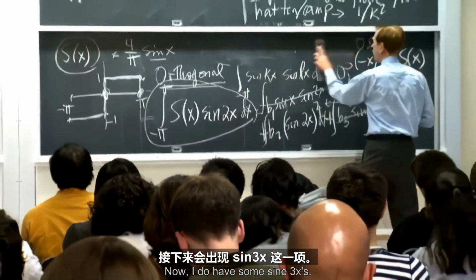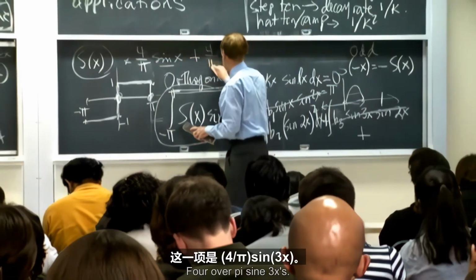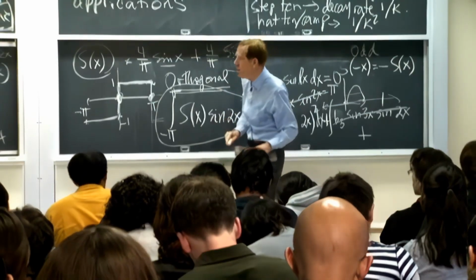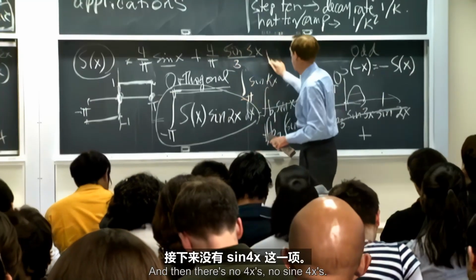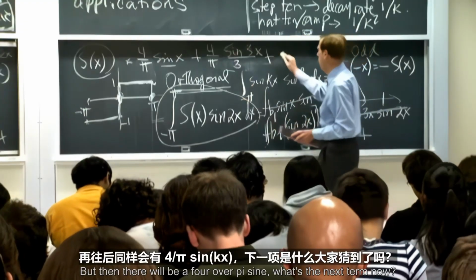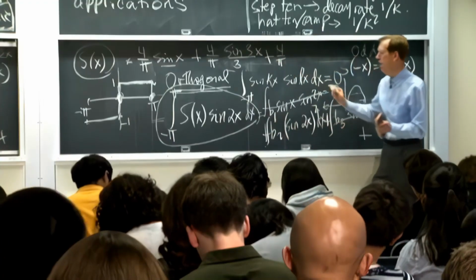Now, I do have some sine 3x's. How much do I have? 4 over pi sine 3x, but divide by 3, right? And then there's no sine 4x's. But then there will be a 4 over pi sine, what's the next term now?